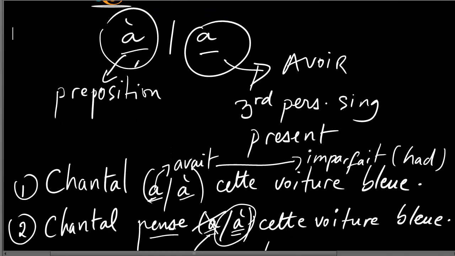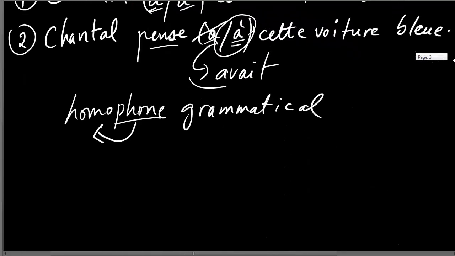I hope you enjoyed this quick tutorial. By the way, before I finish, let me give you these two sentences, and tell me which one to use.